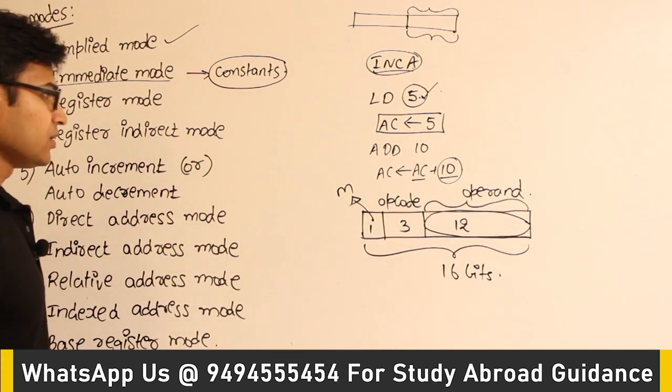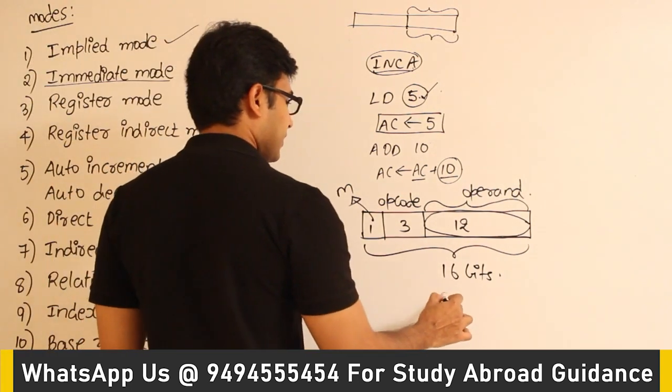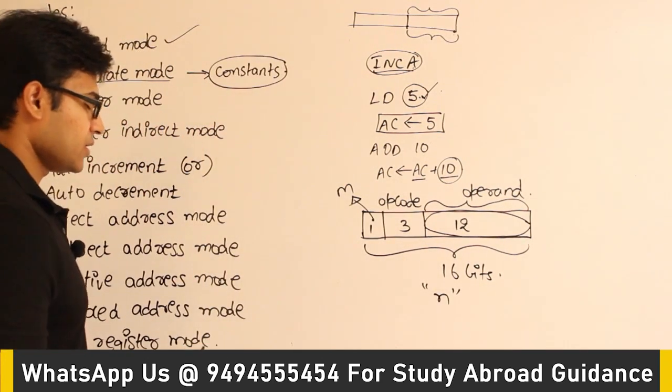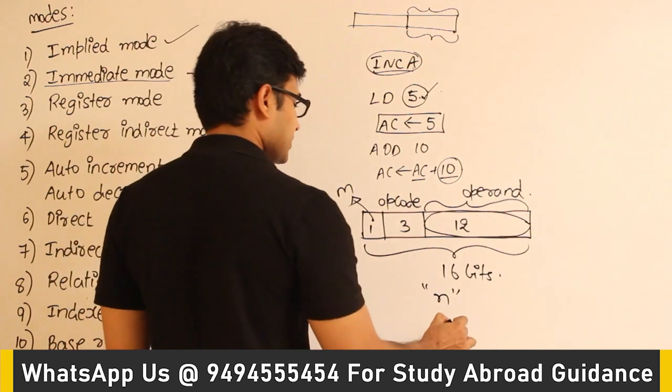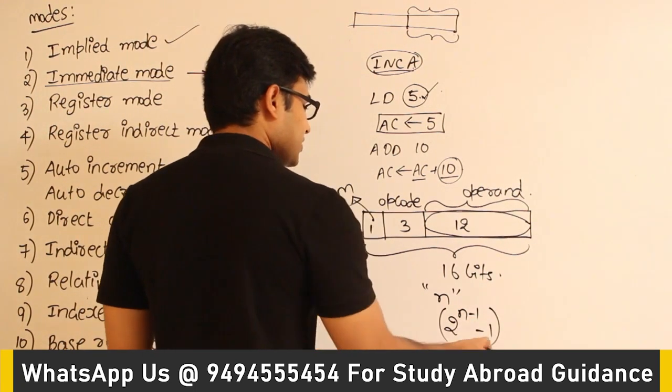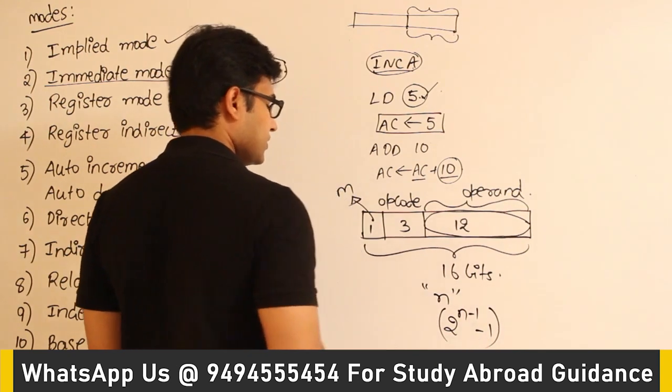And we know that using n bit 2's complement number, the maximum possible number is 2 power n minus 1 minus 1, isn't it? Please refer to the digital lectures.